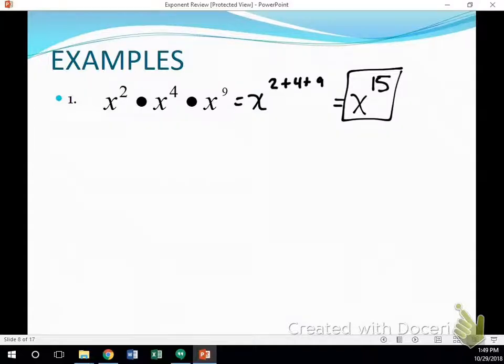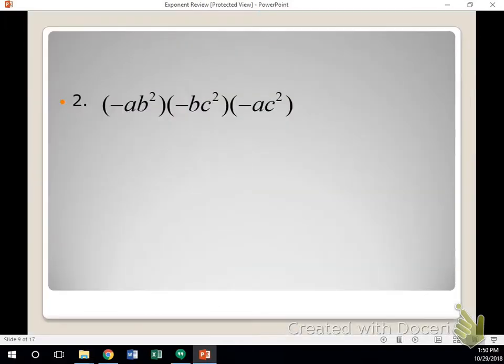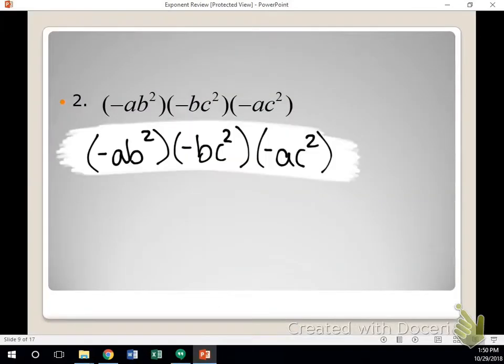All right, let's do another one. In case it's a little hard to see, I rewrote the original problem with a white background so we can see it a little more clearly. So we are multiplying all of these sets of parentheses together. So I like to break it up and do it a little bit at a time.